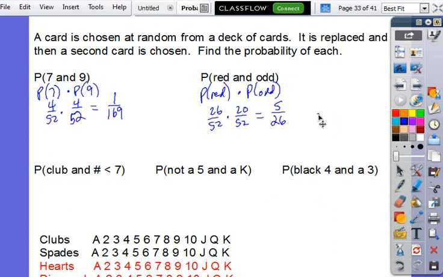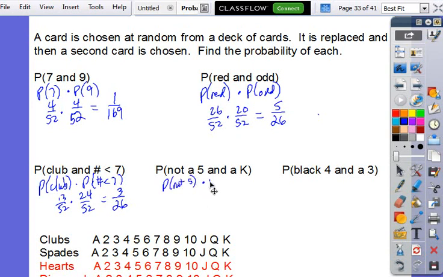All right, club and a number less than 7. So I'm going to do each one of those by itself. There's 13 clubs over 52. There's 24 that are less than 7. All right, probability of not a 5, so I'm going to do that first, times probability of a king. That's 48 out of 52, and then 4 out of 52 there.